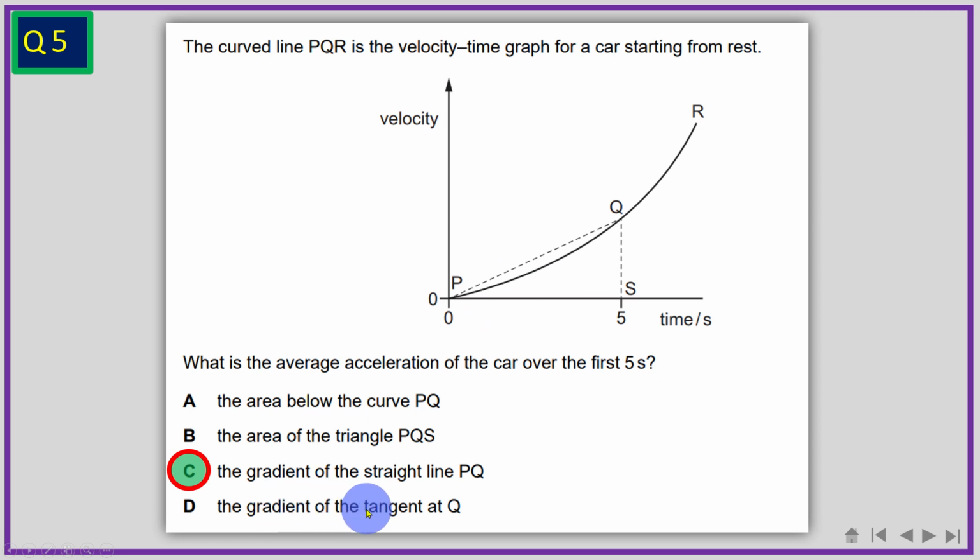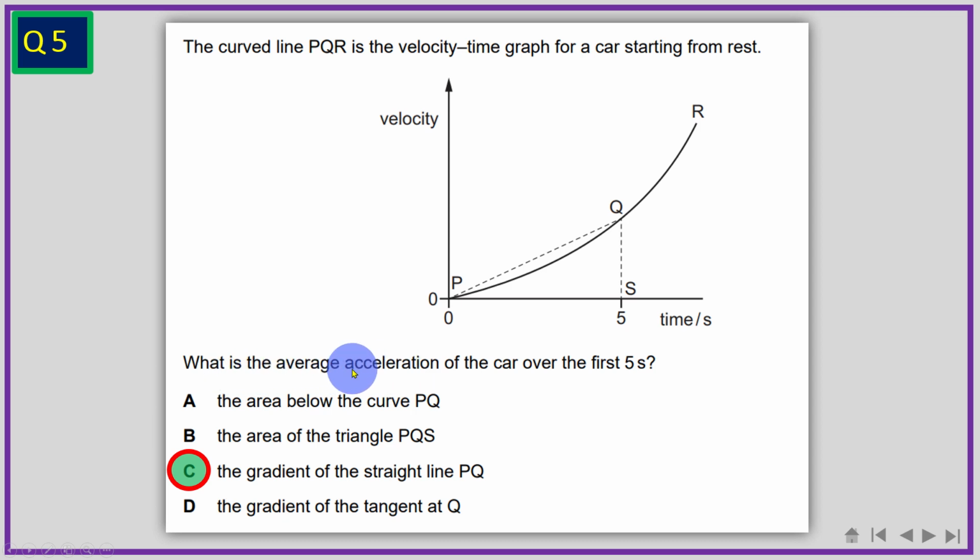The reason why the gradient of the tangent at point Q is not correct is because of the way the question has been framed. If the question had read, what is the acceleration at point Q?